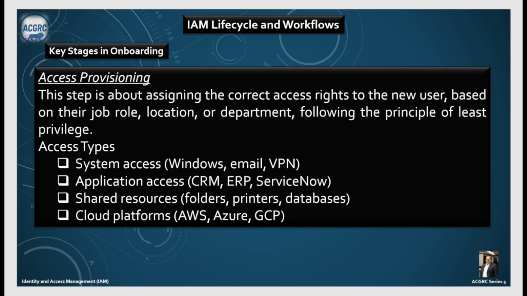Next is access provisioning. This step is about assigning the correct access rights to the new user based on their job roles, locations, or department, following the principle of least privilege. The access types are system access, application access, shared resources, cloud platforms.